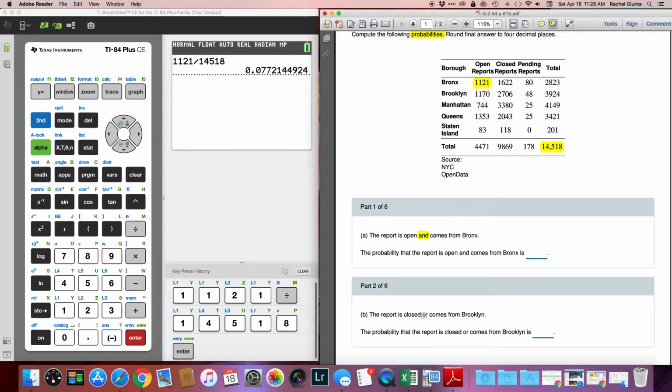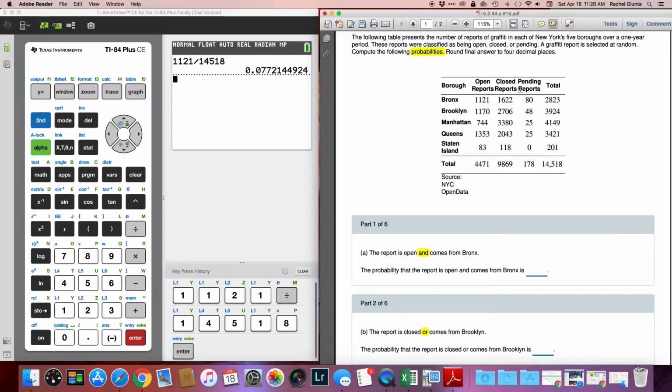So if the report is closed or comes from Brooklyn, then there's a few more steps. Okay, so now we've got or. If it's or, then we need closed or comes from Brooklyn.